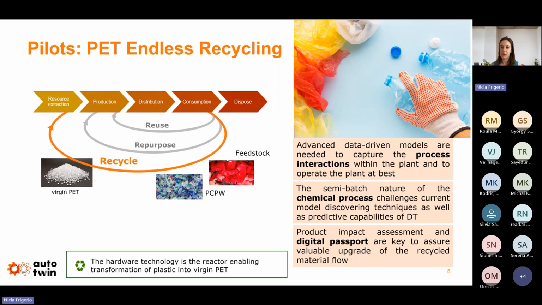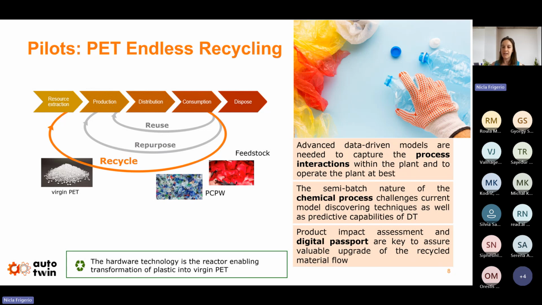The second use case of AutoTwin is related to PET recycling, and the company is Green. Of course, we are speaking about recycling, so here we are in the longest loop, recycle, where PET, specifically post-consumer plastic waste and also textiles containing PET, are shredded. And then they are chemically recycled in order to obtain virgin-equivalent PET. So the process is very complex here.